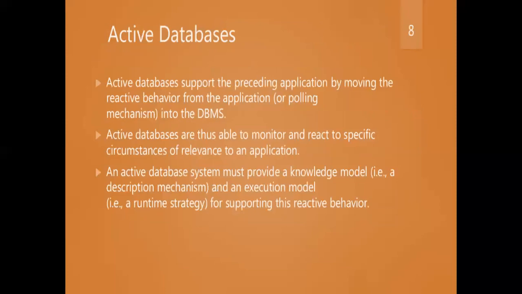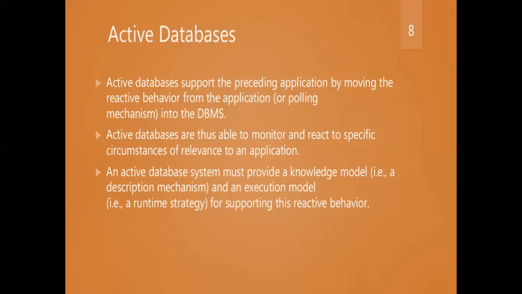So the drawbacks of the traditional database made the active database come into existence. What do you mean by active database? Active database supports the preceding application by moving reactive behavior from the application into the DBMS. Means it's not going to divide into further separate applications, but whatever the application is, it's going to be defined within the DBMS implicitly.